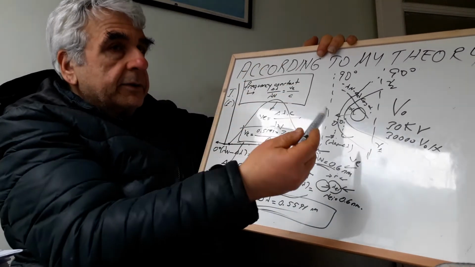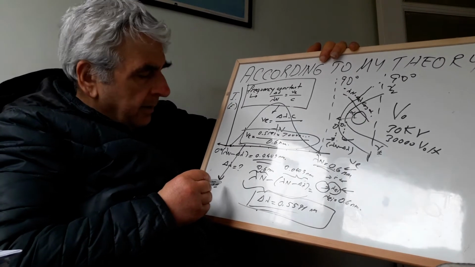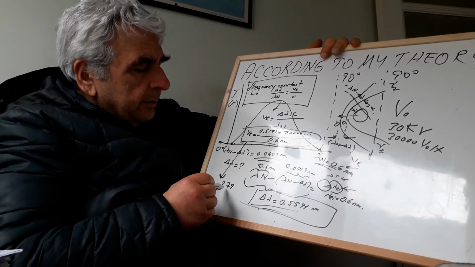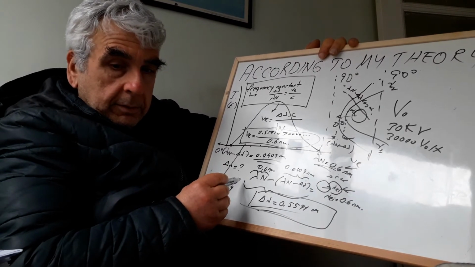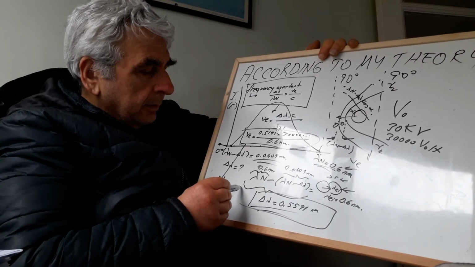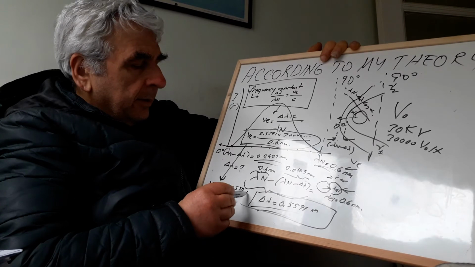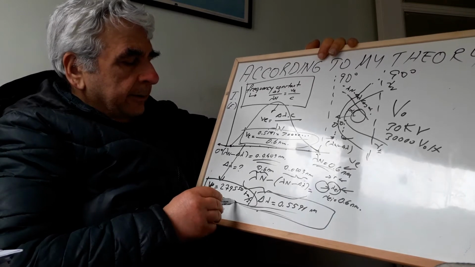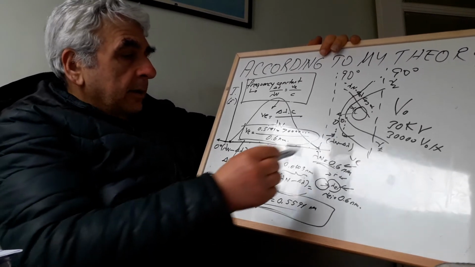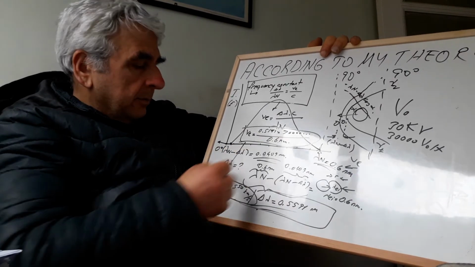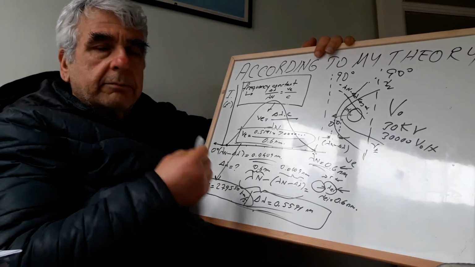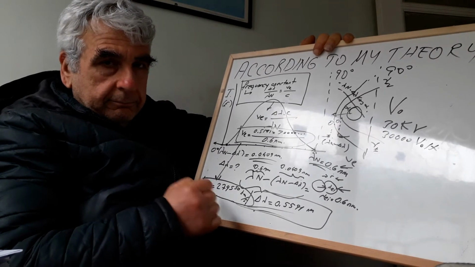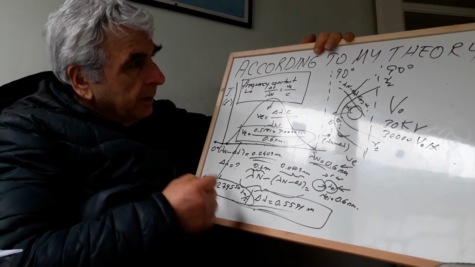Its velocity under these conditions is 279,550 kilometer per second. Under these conditions, we found the electron velocity according to my theory and my formulas.